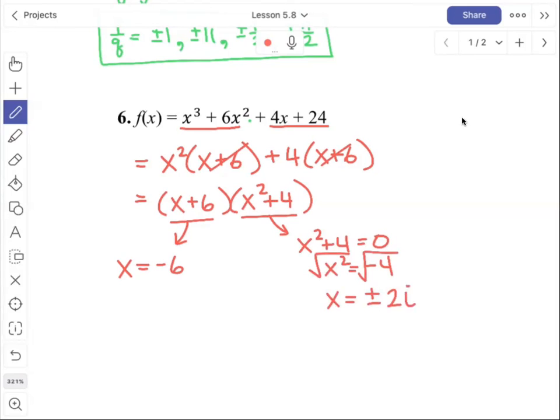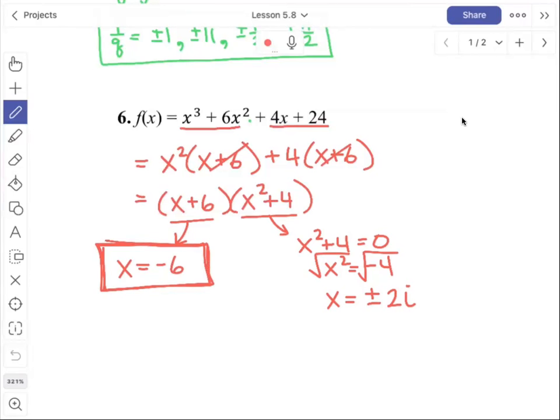Now the directions say list all the possible rational roots. So I actually don't need the plus or minus 2i. This x equal to -6 is the only rational root. So that is my final answer.